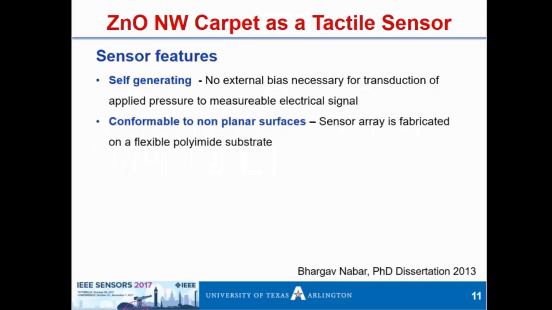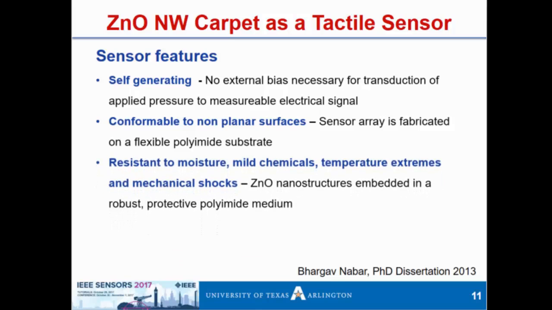We built these for the purpose of putting them on conformal surfaces as part of a skin on a prosthetic device or a part of a robotic skin. Therefore, we wanted to make them conformal to non-planar surfaces, so they're bendable, they're switchable, and they're not stretchable yet, but we're working on that.